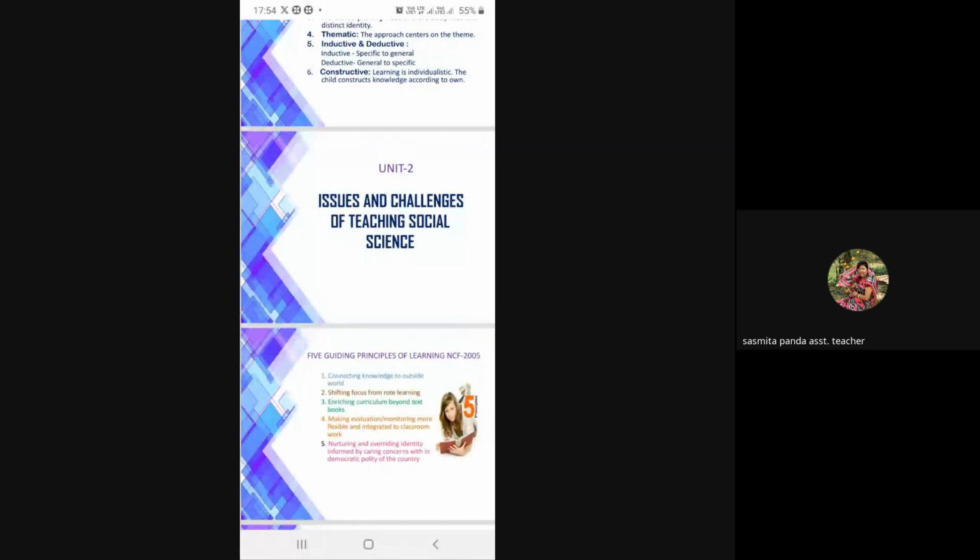Shifting focus from rote learning: whatever the traditional practice, our teaching and learning is only rote memorization. The teacher must move away from that and give importance to practical teaching and practical learning.